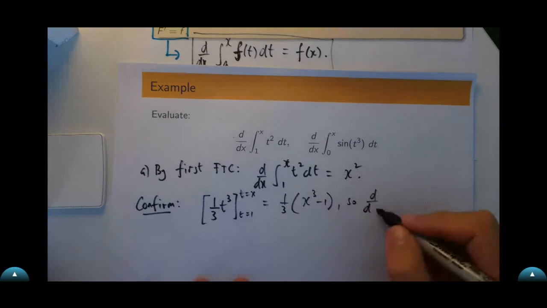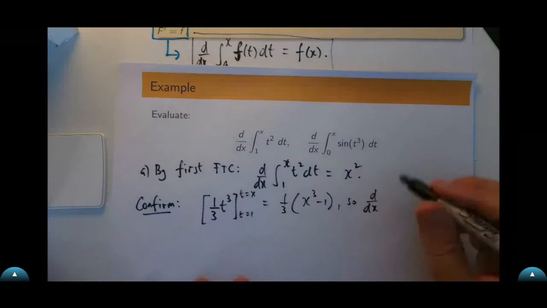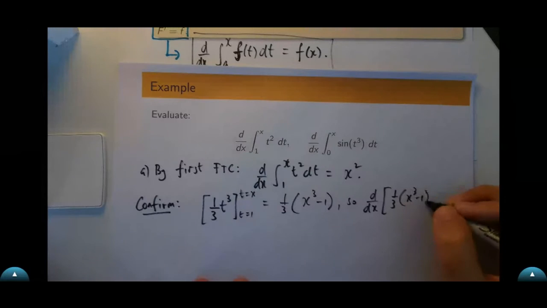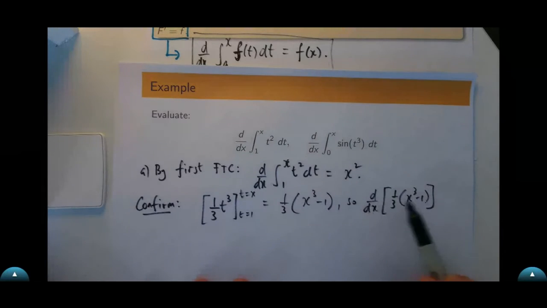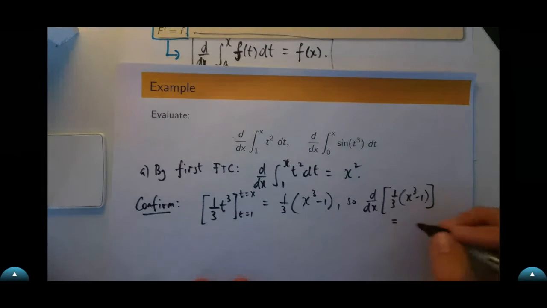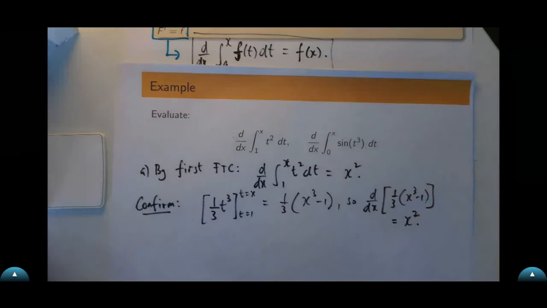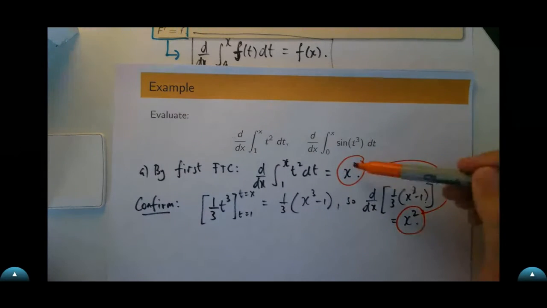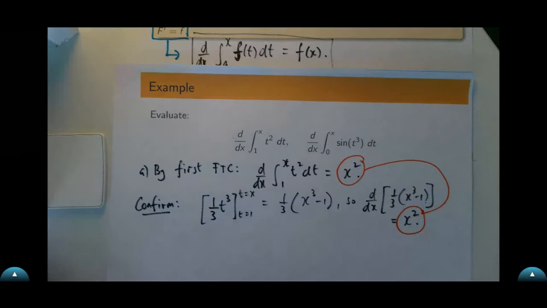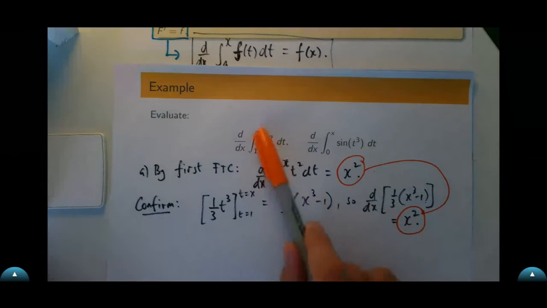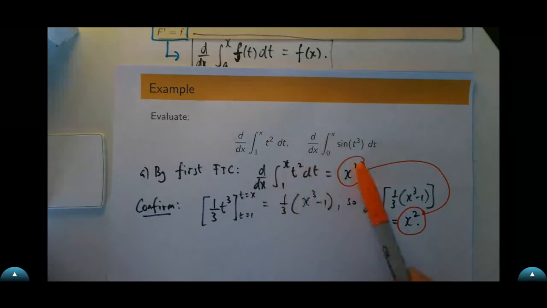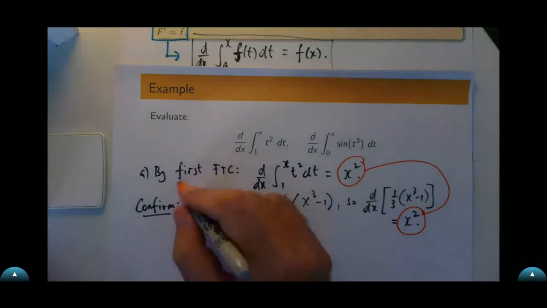So the derivative, what do you get? Well, the 1 disappears. This comes to the front. So you can see, hopefully, these two things are exactly the same. Okay. So here we did the integration first and then differentiated. Here we didn't even worry about the integration. We just differentiated and applied the first fundamental theorem of calculus.